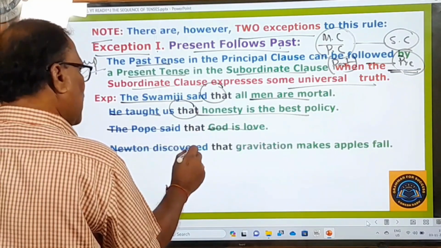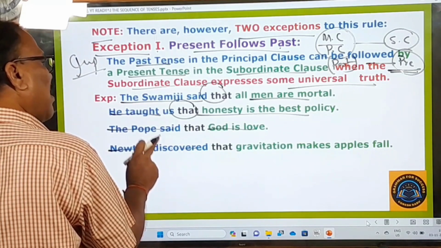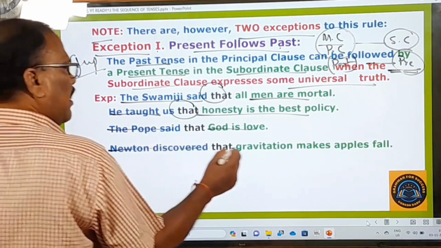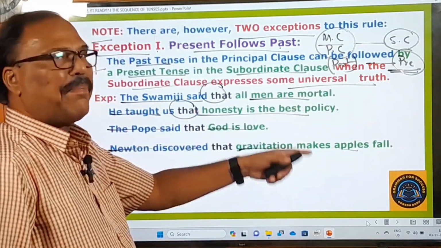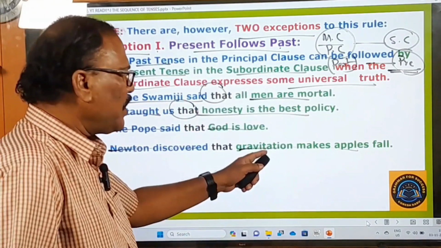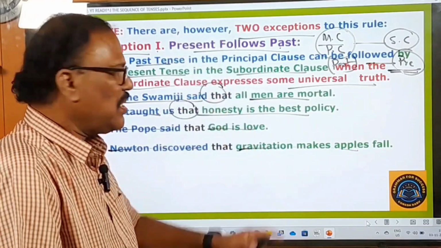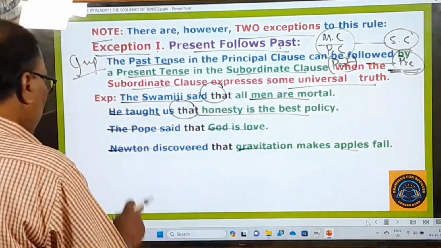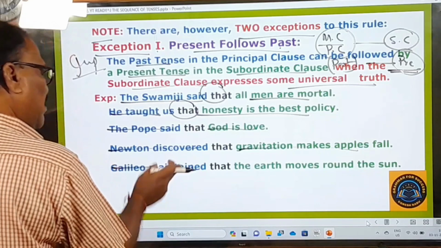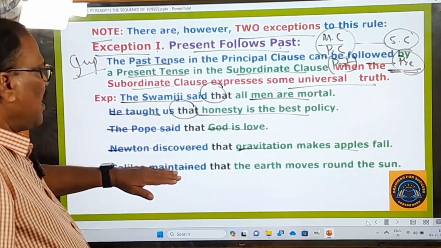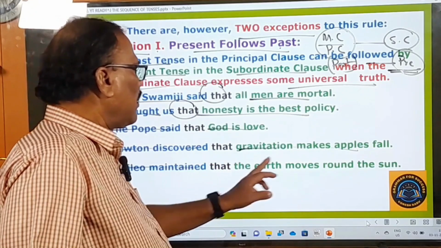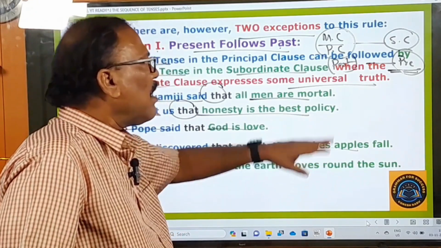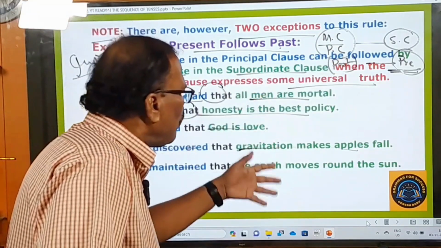And Newton discovered, this main clause is in the past tense, but the subordinate clause is in the present tense. Gravitation makes apples fall. This is simple present tense, right? And here Galileo maintained, this main clause is in the past tense, but the subordinate clause that follows is, what is that? The earth moves around the sun. This is in the present tense, because these are all universal truths.